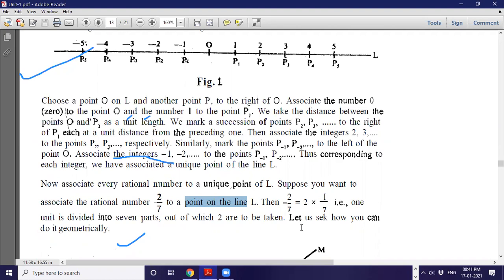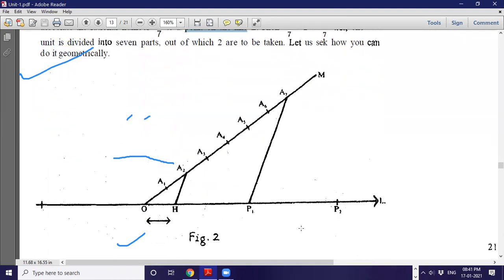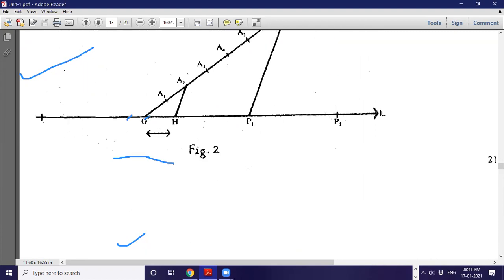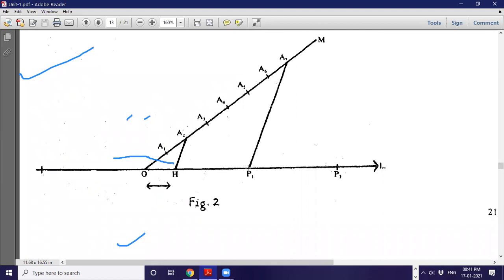Let us see how you can do it geometrically. This line you can see, 1 unit, but 1 by 7, that is, we are dividing into 7 parts. So 2 divided by 7. This is very clear from this figure 2. Right, A1, A2, A3, A4, A5, A6, A7.